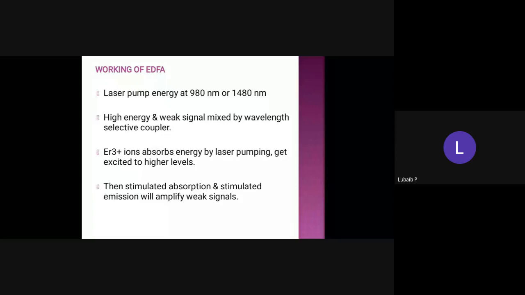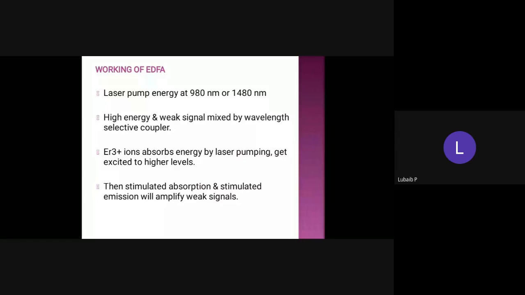The high energy pump and the weak signal are mixed by a wavelength selective coupler. Here, the weak signal is the signal to be amplified, and it is mixed with the high energy signal from the laser pump source.